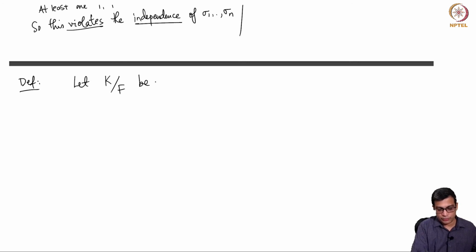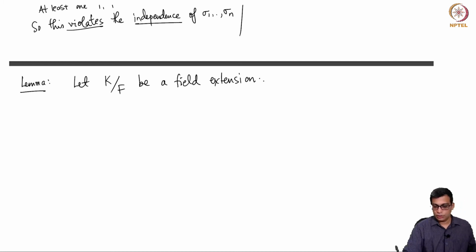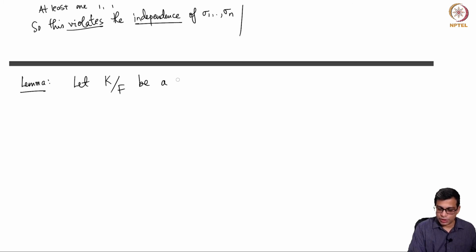Let K over F be a field extension. This is not really a definition actually, this is a lemma. Okay, so I am going to stick to a field extension.